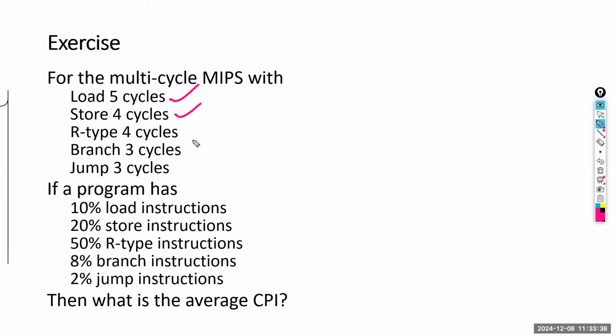Store takes 4 cycles. Let's assume there are also R type, branch type and jump type instructions, and a particular program has 10% load instructions, 20% store, 50% R, 8% branch, 2% jump, and when you add together it must be 100. What is the average CPI?